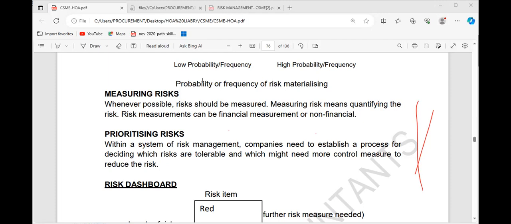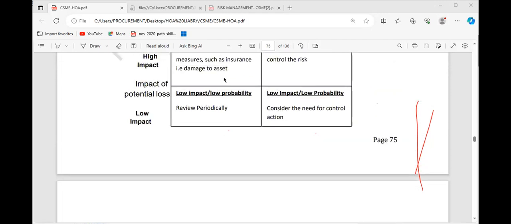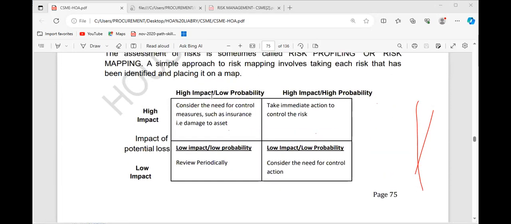So you now look at it, coming back to this place. If I want to ask a question now, out of these 4 aspects we have, which one do you think we should treat first? The first one to treat is the one that has high impact and high probability of happening. Yes or no? Then the second one is high impact and low probability of happening.